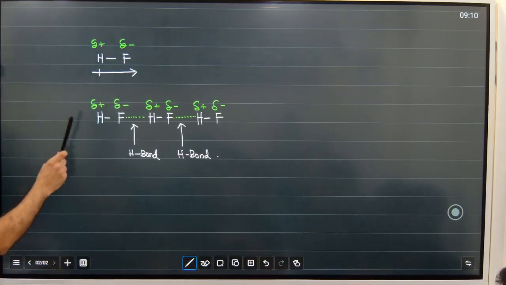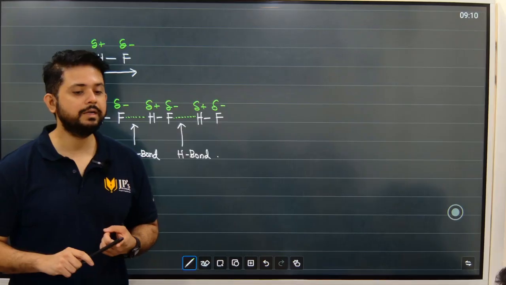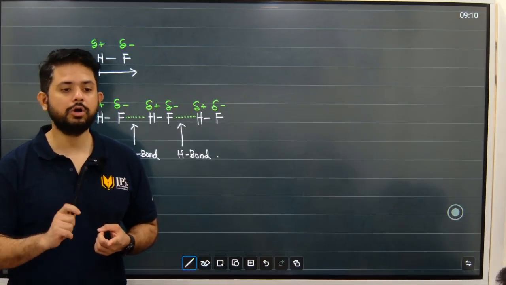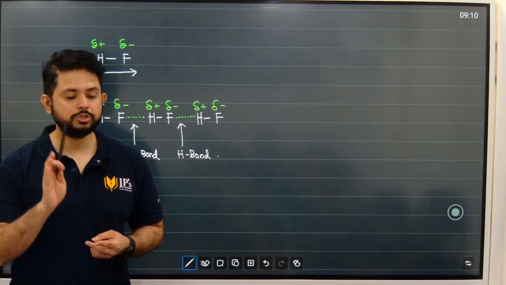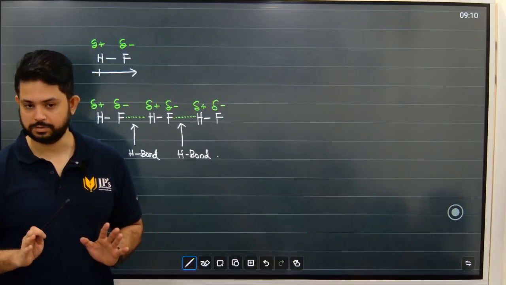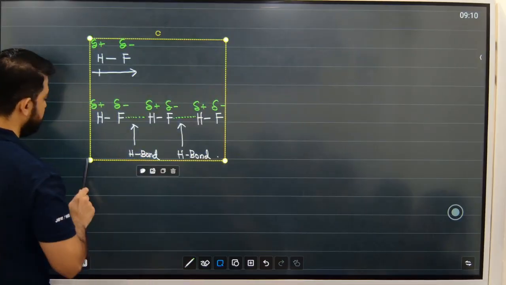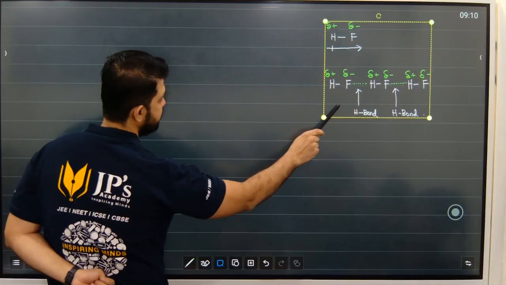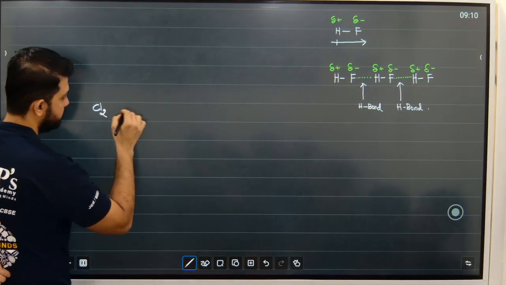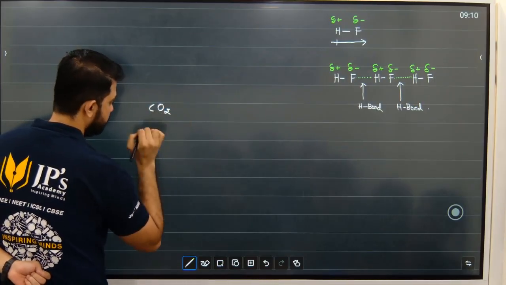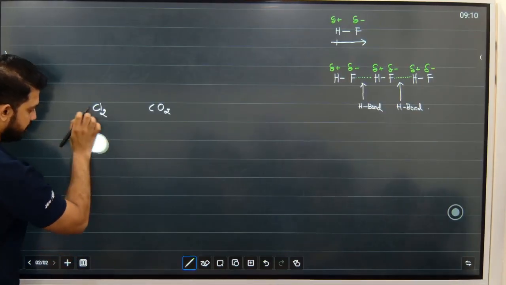So, for a hydrogen bond formation to take place, you have to have a polar covalent compound. It does not occur in non-polar covalent compounds, or in ionic compounds. Now, what do you mean by non-polar? Let's say I have a non-polar molecule, जैसे कि Cl2 or let's say CO2.